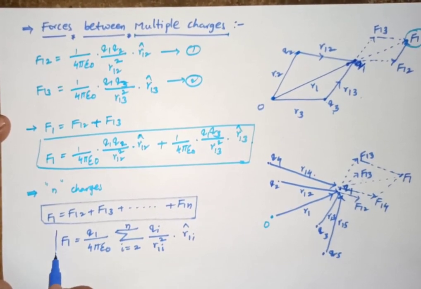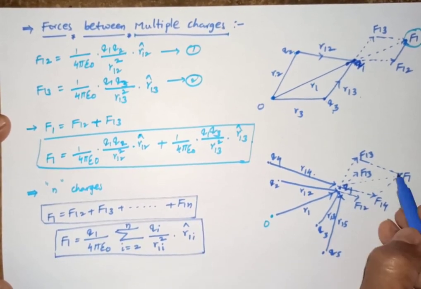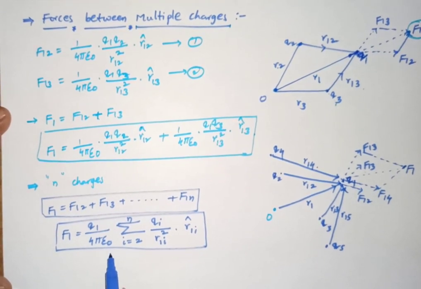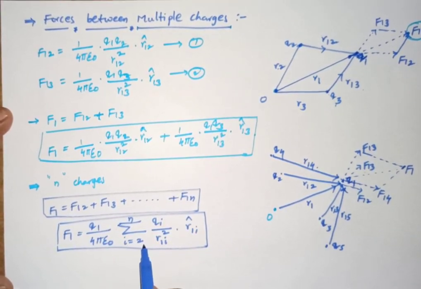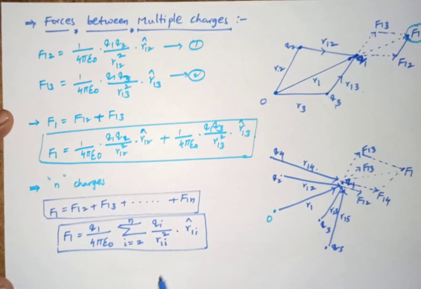This is the force at this point: F1 equals q1 by 4 pi epsilon naught sigma i equals 2 to n of qi by r1i square into r1i cap.